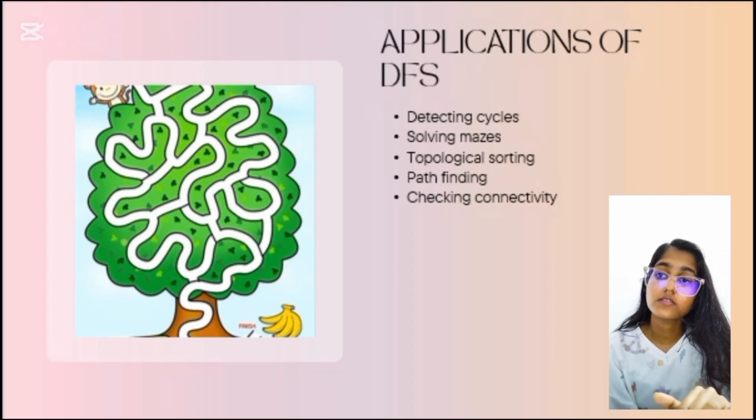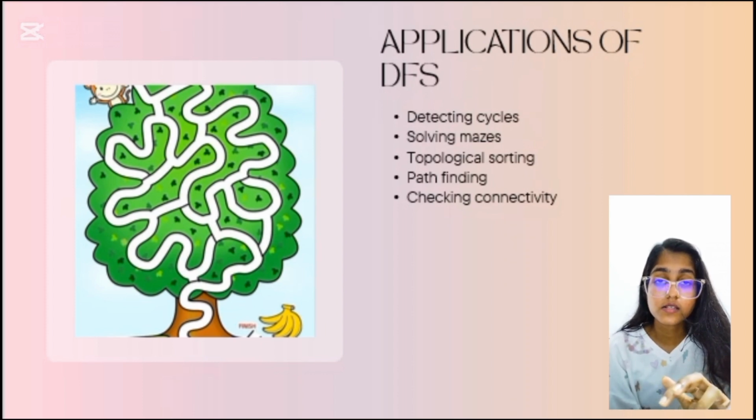Depth first search can track visited nodes and detect when a node is visited again. In path finding, depth first search is used to check whether a path exists between two nodes. For example, checking if there is a route from city A to city B and checking connectivity in networks. Depth first search explores deeply until the destination is found.